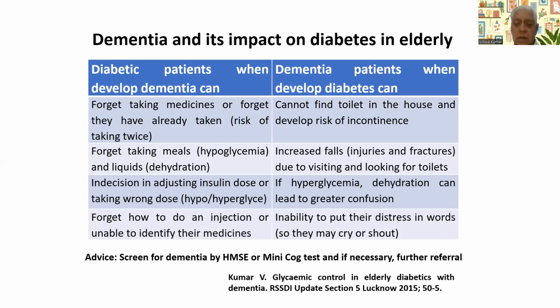And finally, he may not be able to put his distress in words, and he may start shouting or crying. Therefore, anybody who is 70 years old, particularly a diabetic, should be screened for dementia by the Hindi Mental Status Examination or Mini-Cog test.